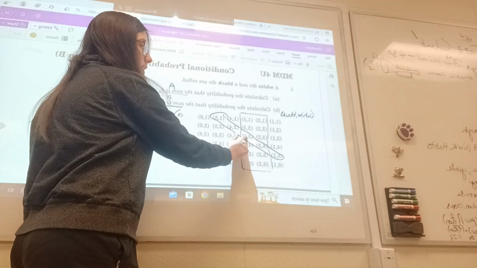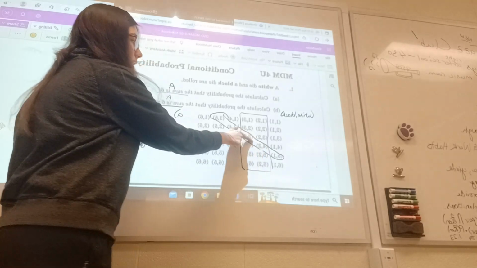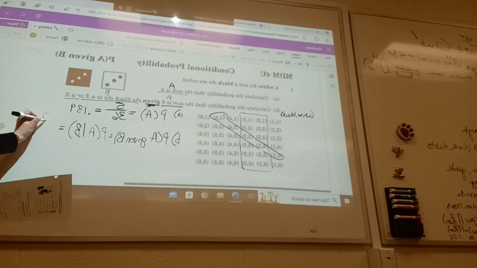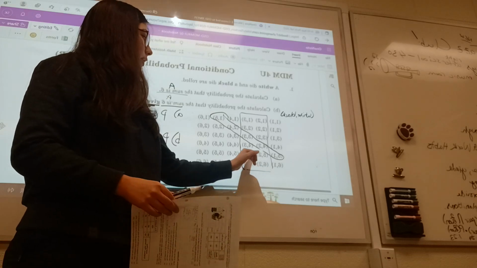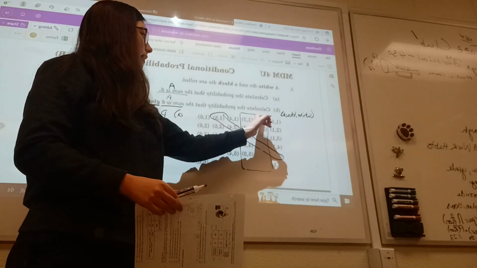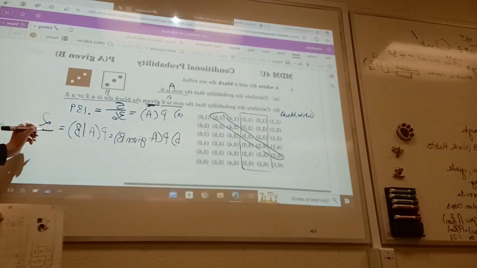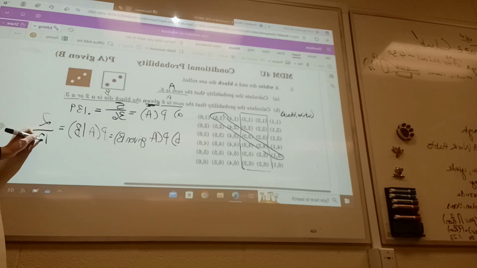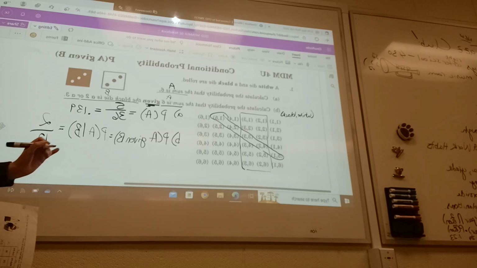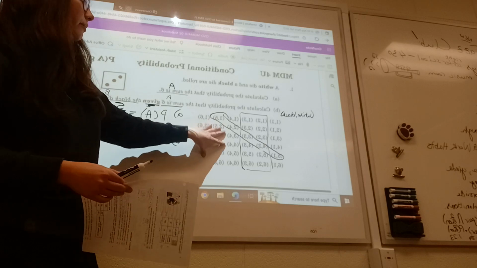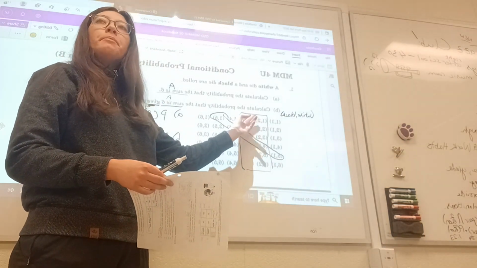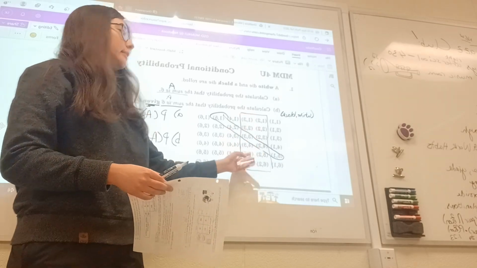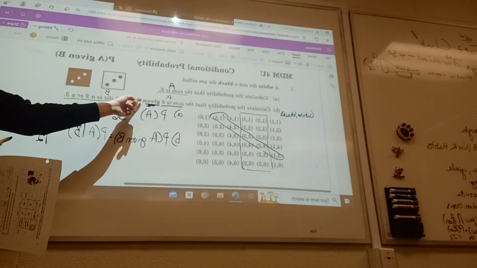Well, we have 2 outcomes in that square that are a sum of 6, divided by 1, 2, 3, 4, 5, 6, 7, 8, 9, 10, 11, 12. 12 outcomes total. We ignore all of the other outcomes because we know something in the rectangle has happened, right? That's what we're given in the question.